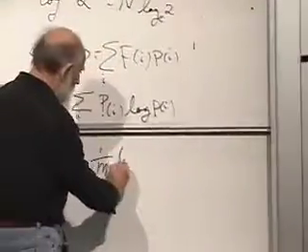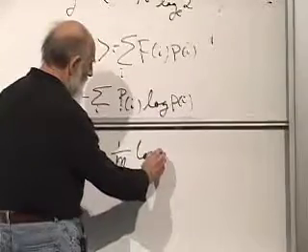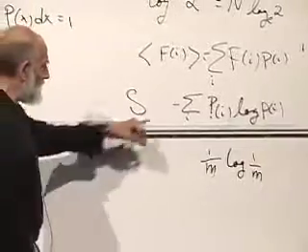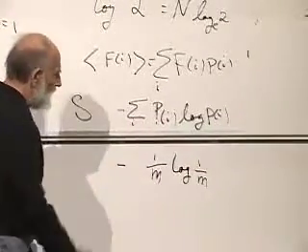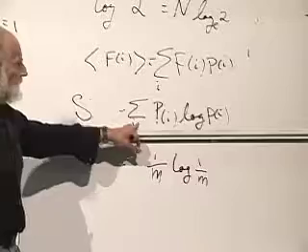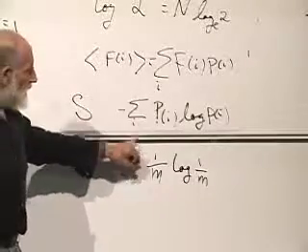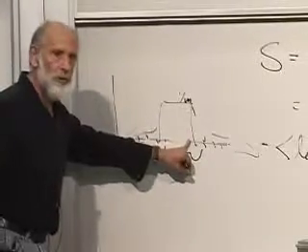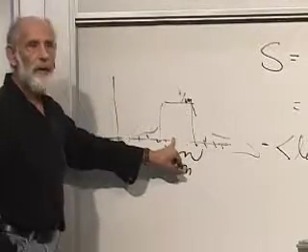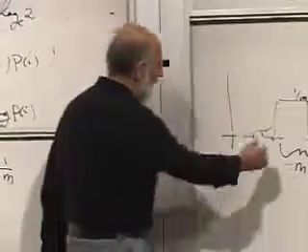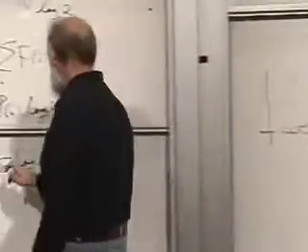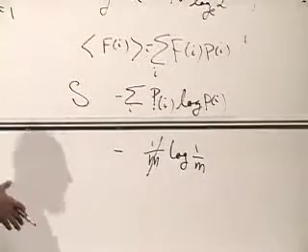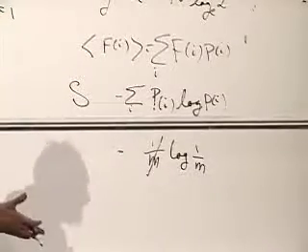Then there's logarithm of 1 over m, a minus sign, and now we have to sum over I, but each one of the states in this bin here gives the same answer. So what do we do with it? We multiply it by m. We multiply it by the number of states here. That just cancels out this and gives us minus log 1 over m, which is the same as log m.